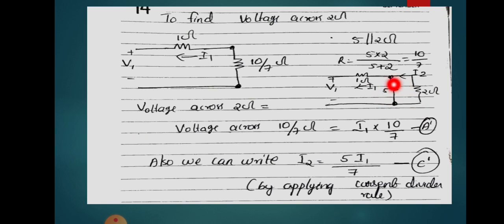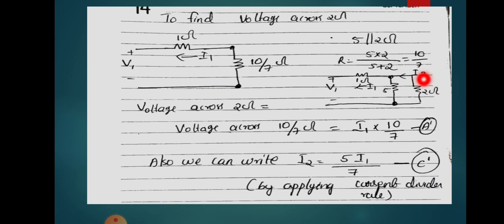In this circuit you can see that I1 is flowing in this manner, I2 is also flowing in this manner. And this is a part which is connected in series with this combination. So to find a relationship between I1 and I2, that means we can represent I1 in terms of I2 or I2 in terms of I1, we can apply the current divider rule.